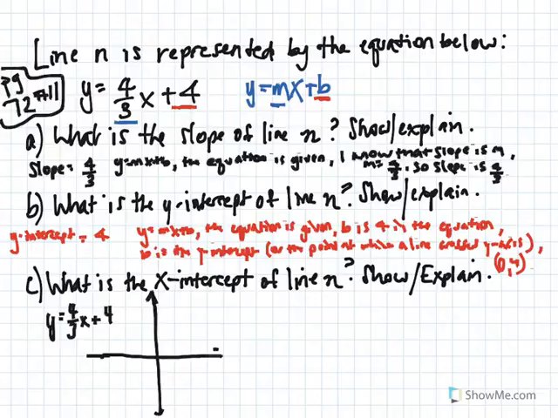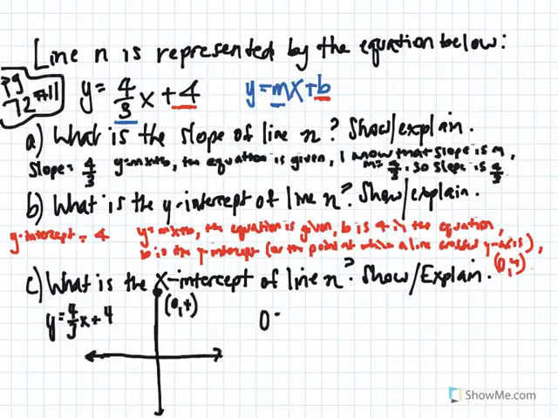This line crosses the y-axis at 4 up. Hold on, let me erase this part. So this is where the line crosses the y-axis. We need to find the x-intercept, the point where the line crosses the x-axis.